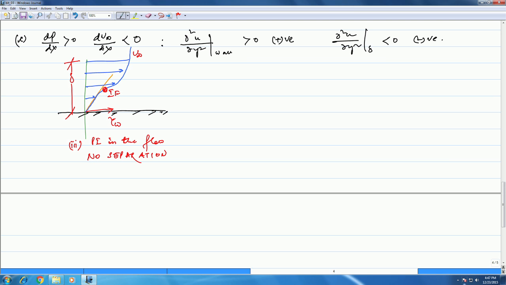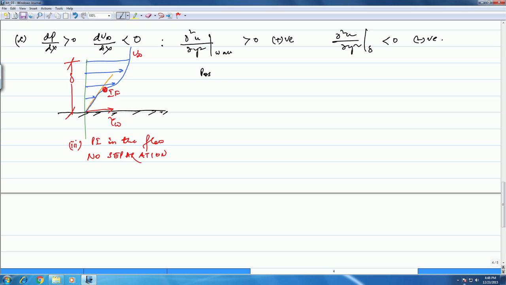Well, clearly it depends on how much positive or how much negative, as you can see here. How much positive it is depends on the pressure gradient. So therefore, the position of this point basically depends on the strength of the pressure gradient.